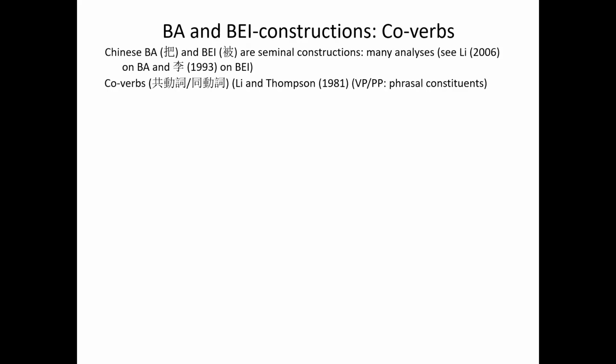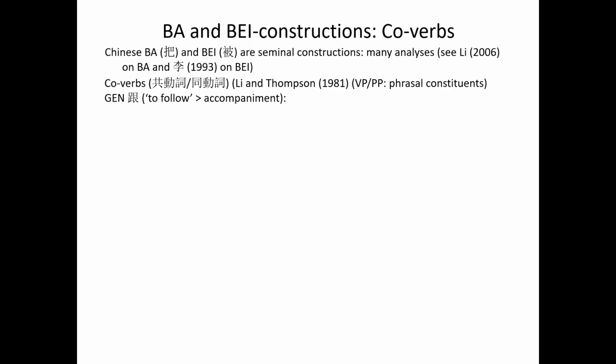And the bǎ and bèi belong to a group of morphemes called co-verbs, 通动词 or 同动词, which is a term coined by Li and Thompson, denoting a group of morphemes that seem to share verbal and prepositional properties. And as such, they also seem to form phrases. They form phrases where the noun comes after them.